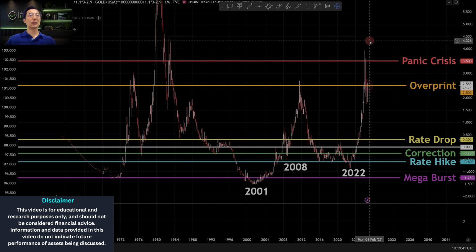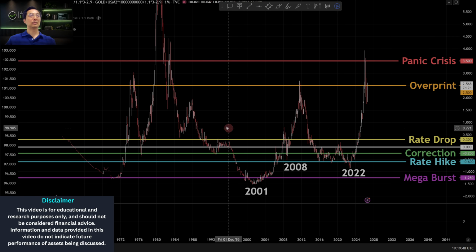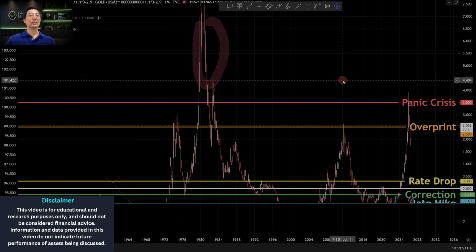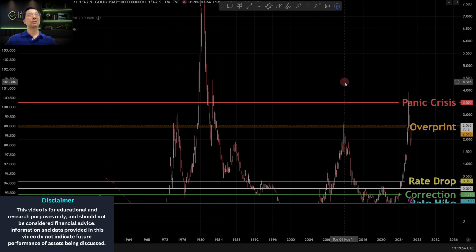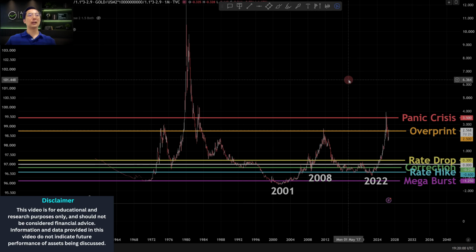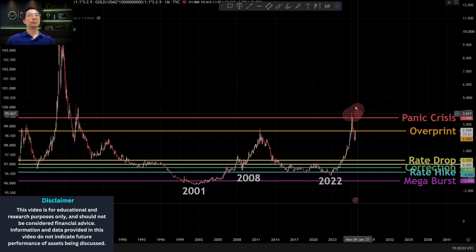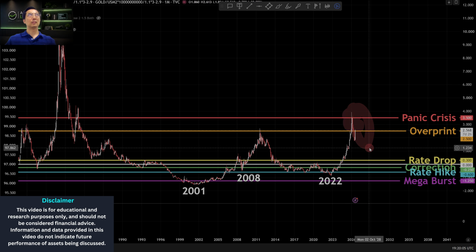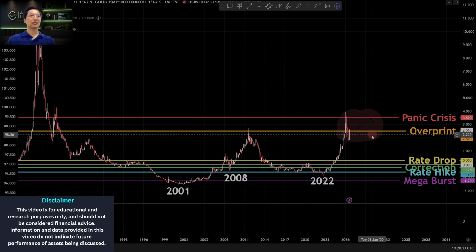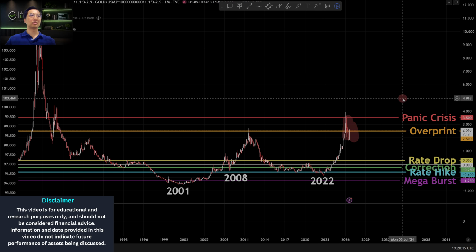But if we compare to the pre-dot-com period, or even the 70s, the debasement crisis, the US dollar trust crisis, all of these combined put the current gold level around the panic crisis plus overprint range. So that's why you can see it's bouncing between those two lines.